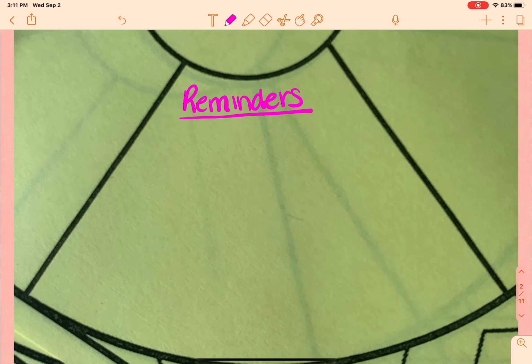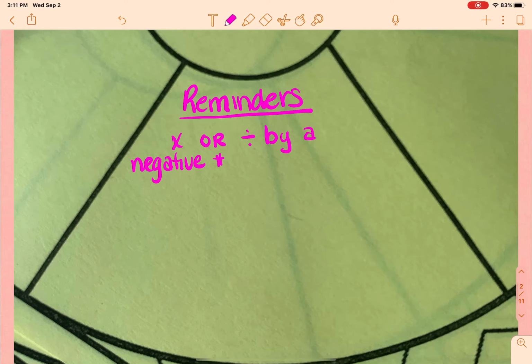So remember, if we're going to talk about inequalities, that if we multiply or divide by a negative number, we have to flip our inequality. That's one piece. And that's really about a reminder about solving, really.